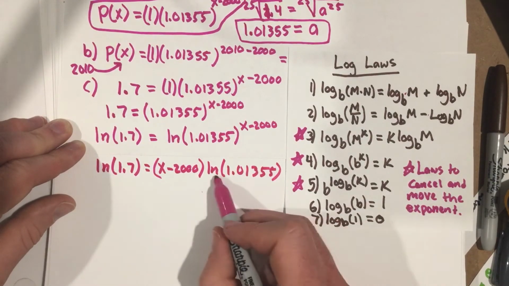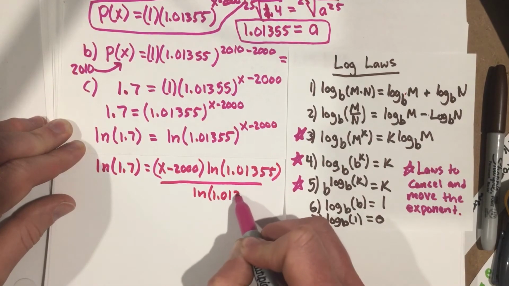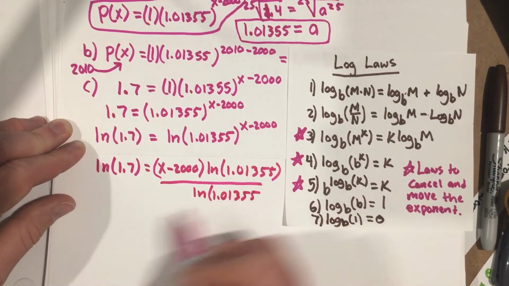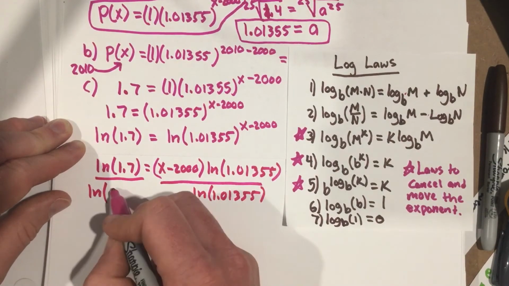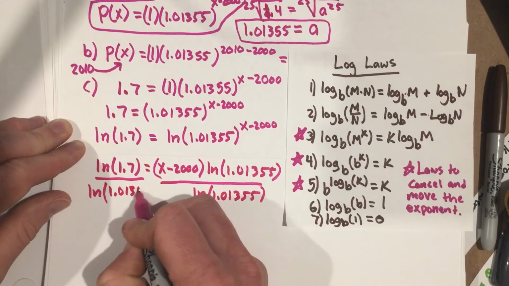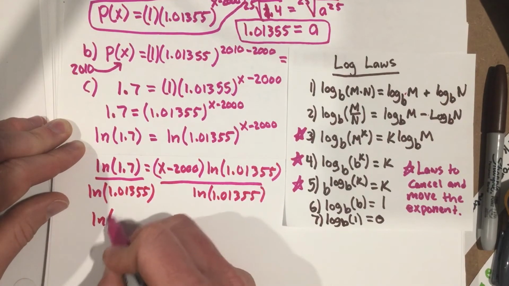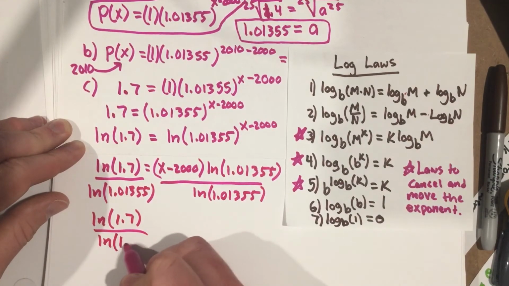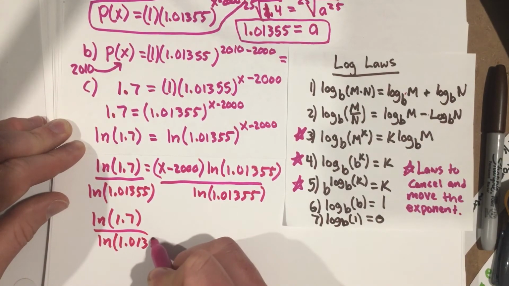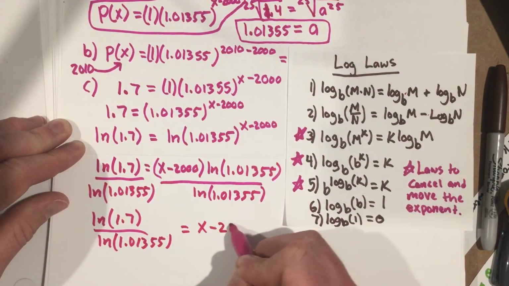Now I'm going to divide by the natural log of 1.01355 on each side. And that's going to leave you with natural log 1.7 over natural log 1.01355 equals x minus 2000.